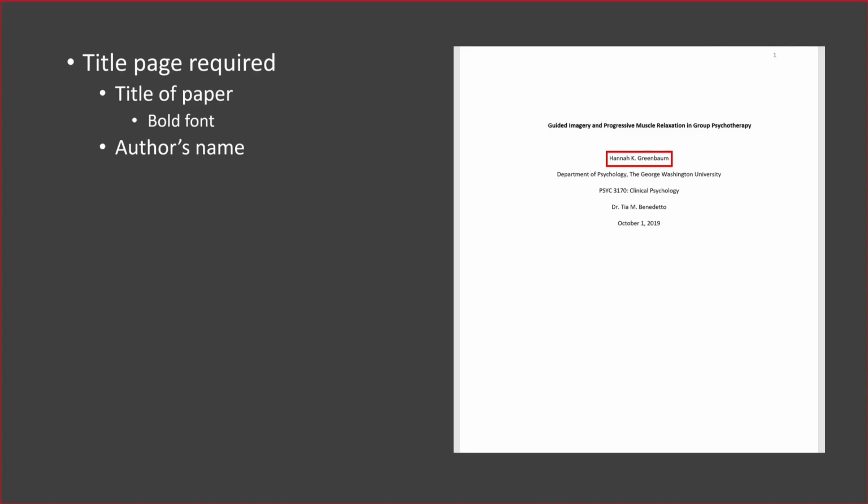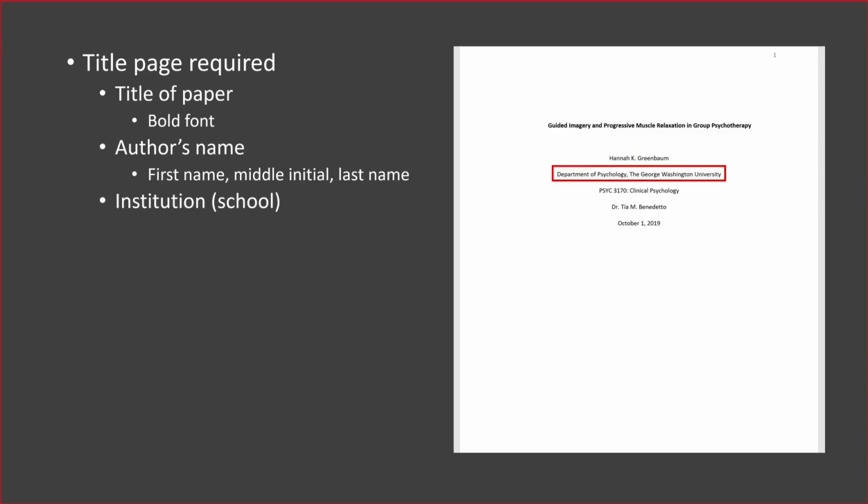Next, you need the author's name. The author's name should be in the format where you have the first name, middle initial, and last name. Next, you need the institution, which would be your school. So in this case, you would probably say Del Mar College, and then you would have the department that you're in.